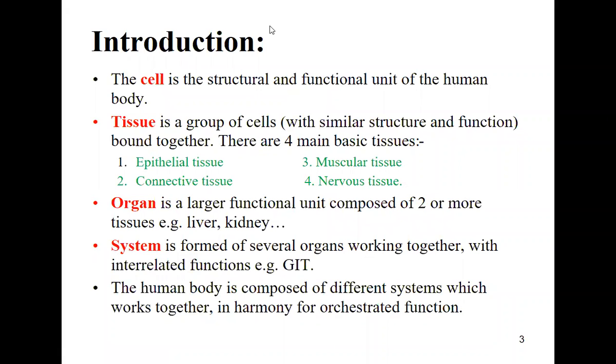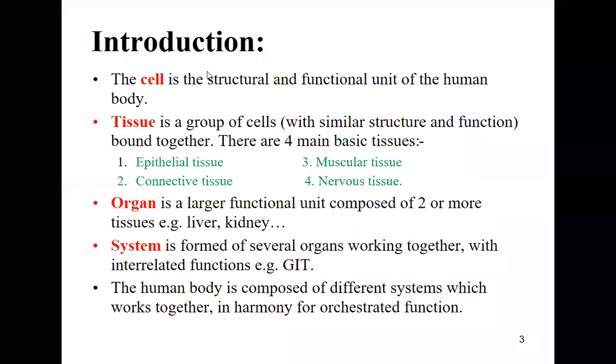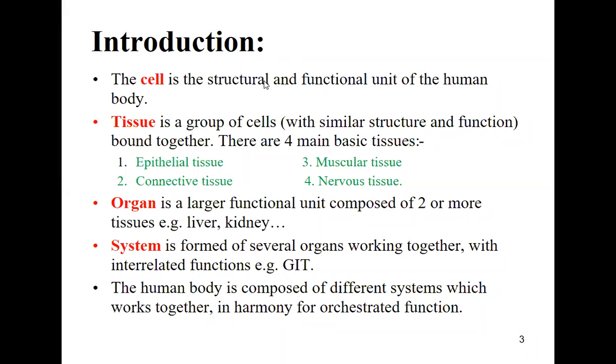The cell is the smallest structure, which is the structural and functional unit of the human body. The human body is made up of millions of cells. So millions of cells are forming the human body. The smallest structure in the human body is the cell. So cell is called the structural and functional unit of the human body.